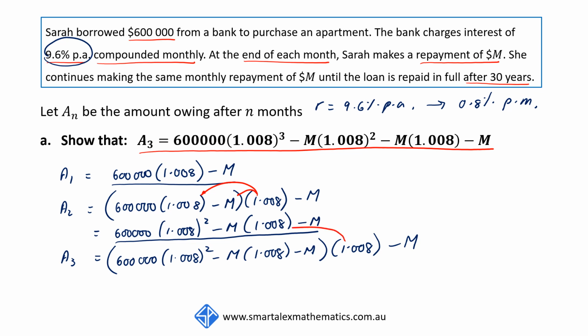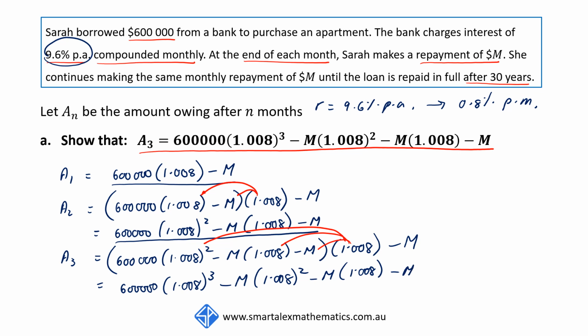Again, we're going to expand the bracket, multiplying 1.008 to every term inside this bracket. This is going to give us 600,000 times 1.008 cubed minus M times 1.008 squared minus M times 1.008 minus M. And this is the expression for A3, which we're trying to prove.